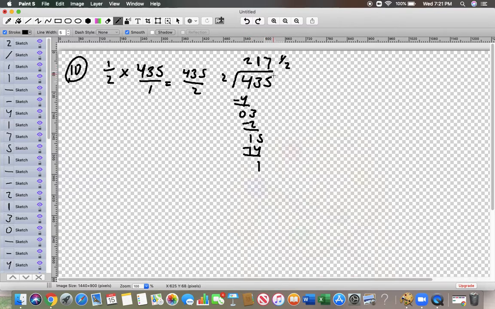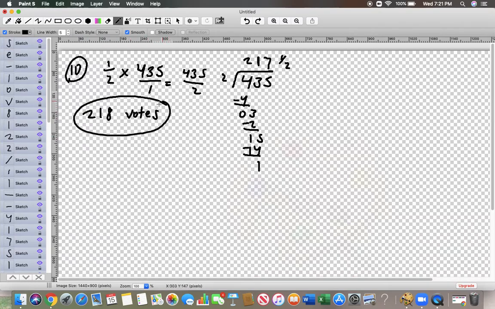You can't really have a half vote anyways, but we need more than half. So how many votes would we need? The fewest number of votes they would need in order to pass that bill would be 218 votes. Because what's 218 plus 218? That's 436. So again, that would be over the amount that is needed.